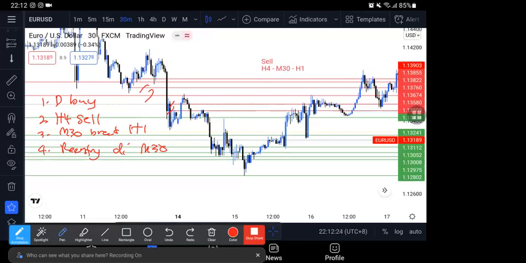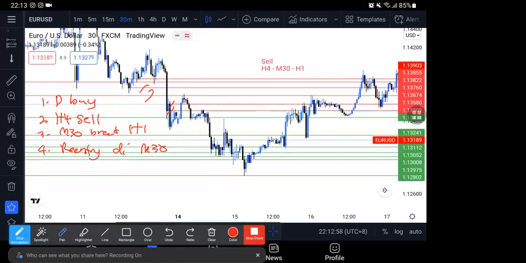Oh, so that means while we are waiting for setup in H4 buy, the H4 bias is telling us that now is selling. So we are taking the opportunity to enter sell. Is it correct? Yes, exactly. Because we are starting with daily buy, we want to buy at H1. We want H4 to be broken. But as you can see, the price didn't even reach the H4 zone.